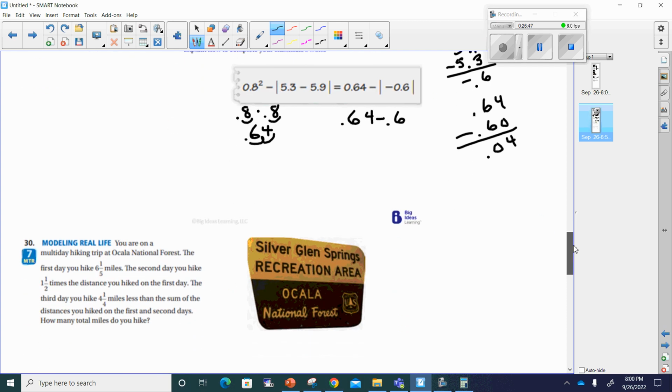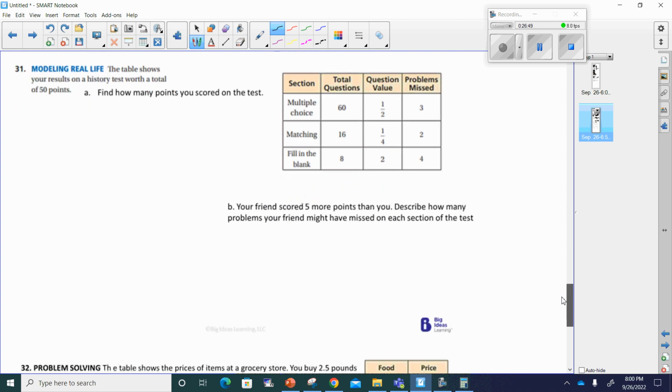And if we go down here to number 31, oh wow, what is this? The table shows your results on a history test worth a total of 50 points, okay? Find how many points you scored on the test. Okay, the total questions was 60. We're doing multiple choice first. The question value was 1/2, so each one of these is worth times 1/2.